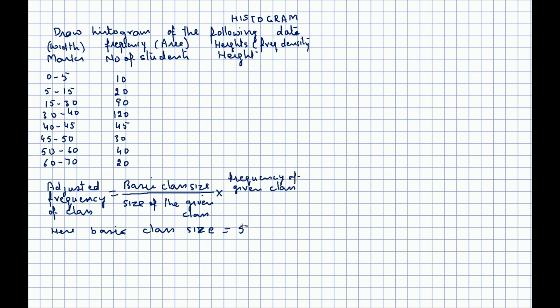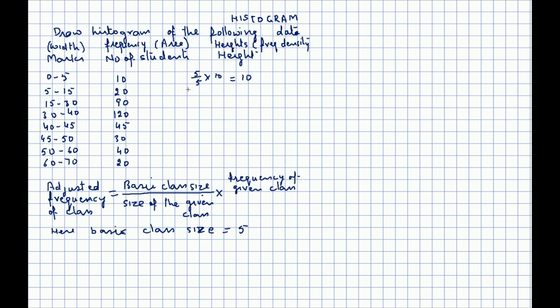Calculating first height of the rectangle for the class width 0 to 5 as per this formula. That is 5, the basic class size, divided by 5 again, because this is also the size of the given class, into 10, which is the frequency of the given class.